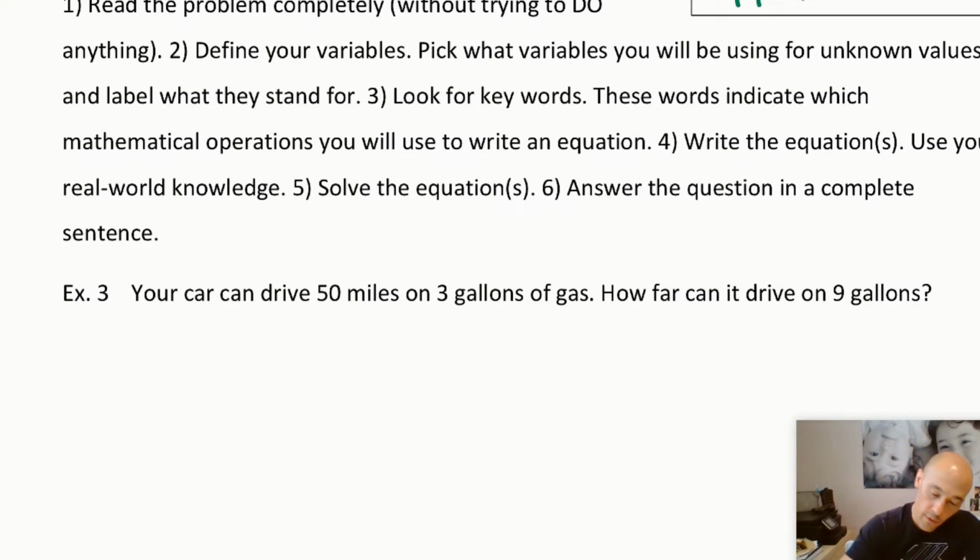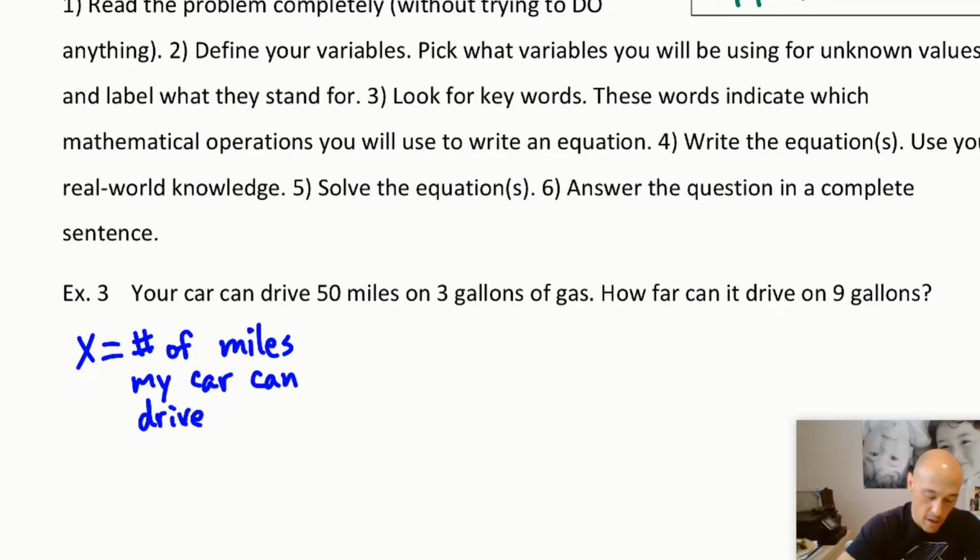So we'll use the variable x equals number of miles my car can drive on 9 gallons. So that's exactly what we're looking for.